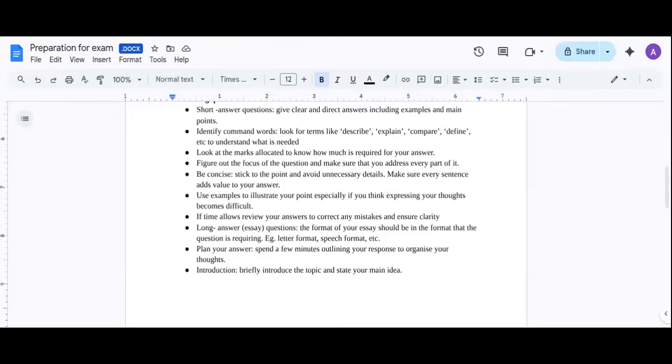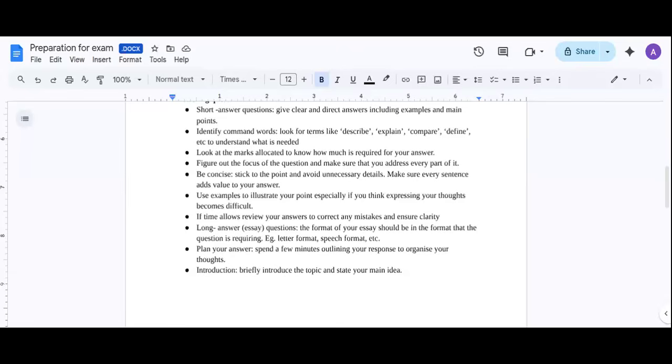Make sure every sentence adds value to your answer. Sometimes we get carried away because we have all the information in our head, but that will also take up time. So be concise, stick to the point, and avoid unnecessary details.